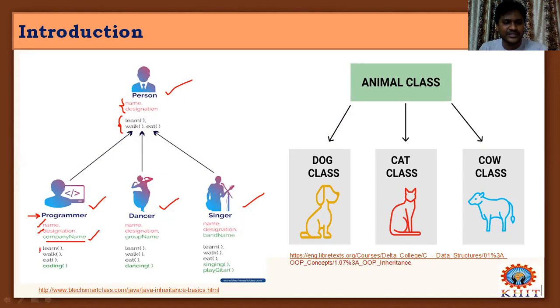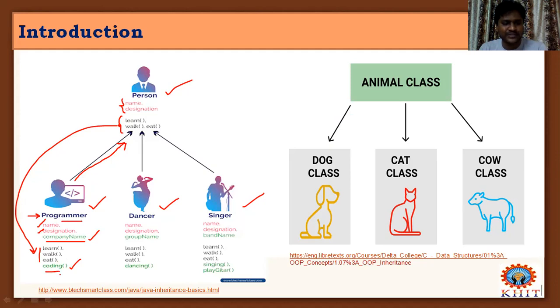And coming to these three, they are adopted from the base class using inheritance by extending the properties, and the arrow indication shows the direction from which we are inheriting the properties, right? So it can add another member function, nothing but a method of the subclass programmer, that is coding.